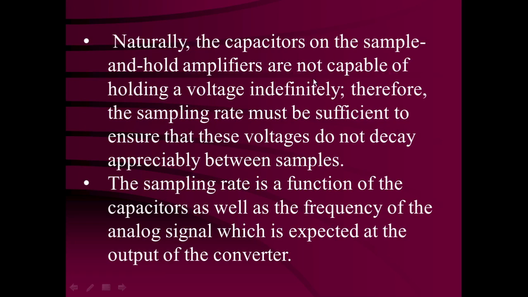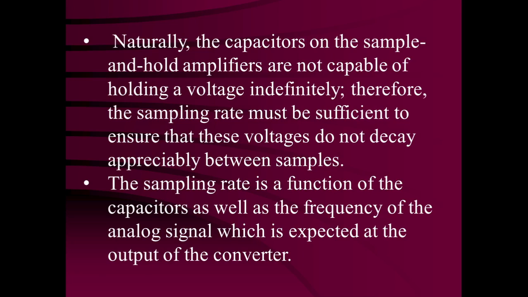Naturally, the capacitors on the sample and hold amplifier are not capable of holding the voltage indefinitely. Therefore, the sampling rate must be sufficient to ensure that this voltage does not decay appreciably between samples, because the input impedance of the second op amp is not actually infinite in practice.